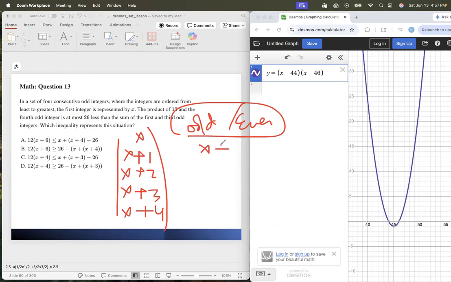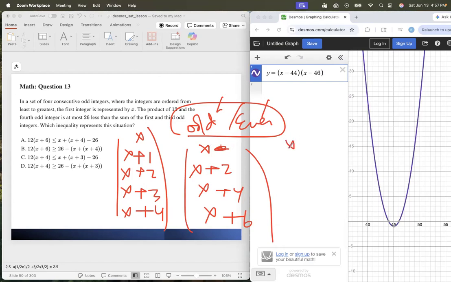So it starts from x, and then you have x plus 2, x plus 4, x plus 6. Remember that it does not matter whether it's odd or even. You skip 1, so 2, 4, 6. What changes is x, which can be 2 for even, or 1 or 3 for odd numbers.